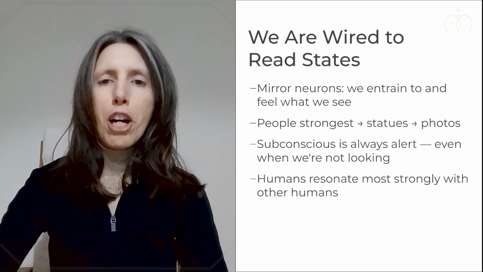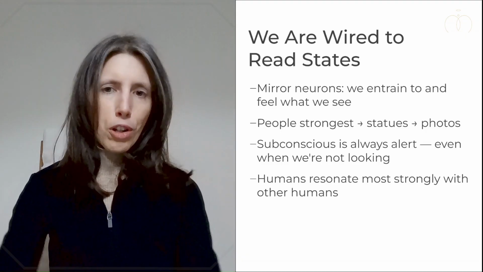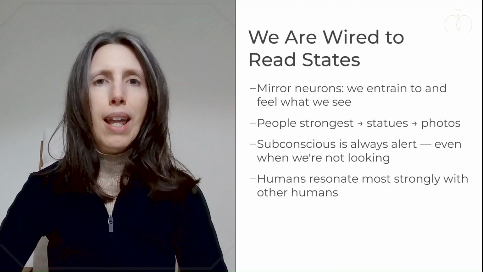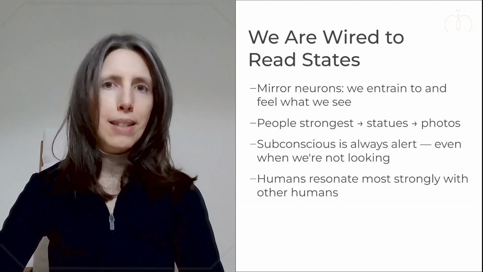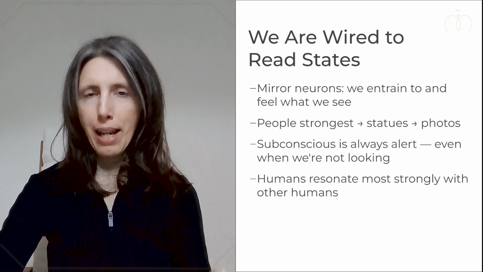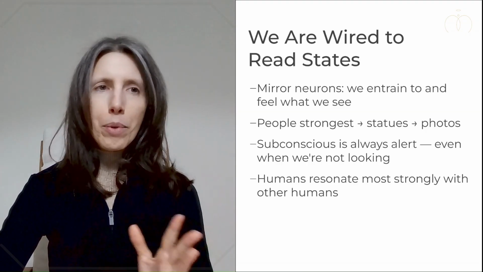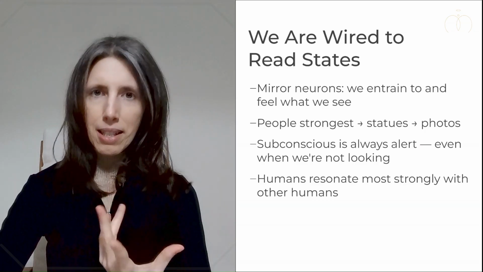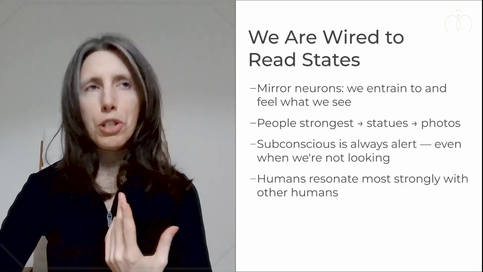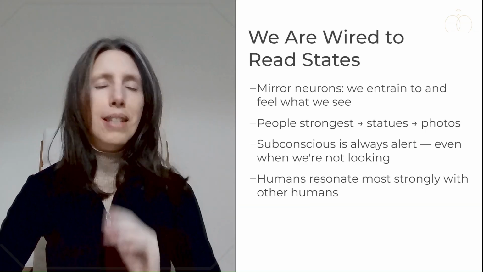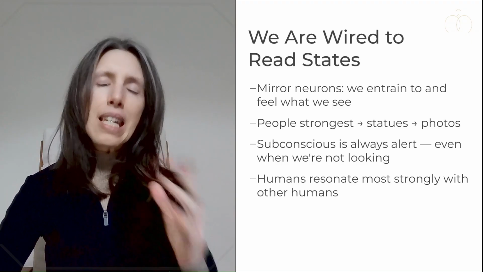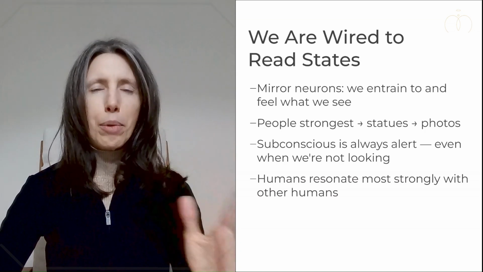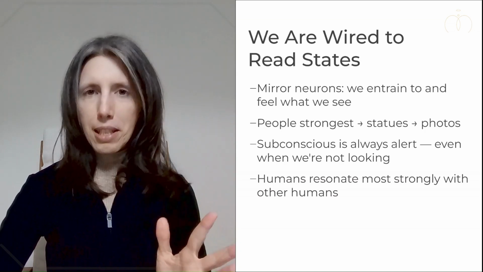I have here this comment. So humans resonate most strongly with other humans. And I have this here because we also resonate with other animals. I'm going to say that mammals, animals that have a nervous system that's the most similar to our own, are the ones that we relate to more easily and can enter into this empathic resonant state with.